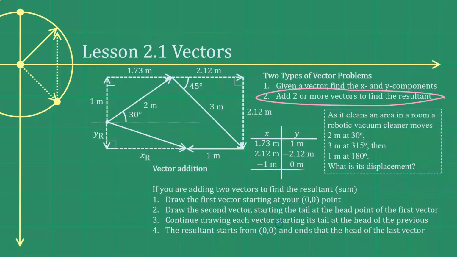When I add these all together, I find that my total x value is 2.85 meters, and my total y value is -1.12 meters. I'm just going to go ahead and put these values into my diagram. For that -1.12, I'm just going to include it as 1.12, but downward instead of upward. And those are the components of my resultant.